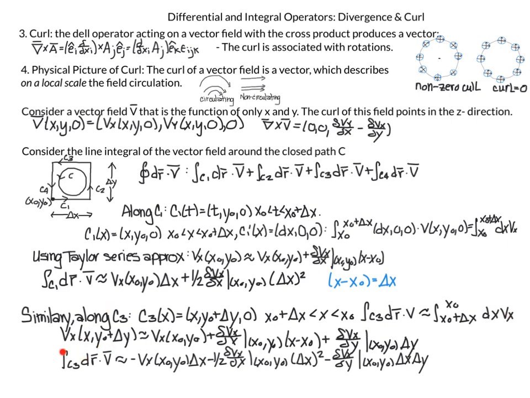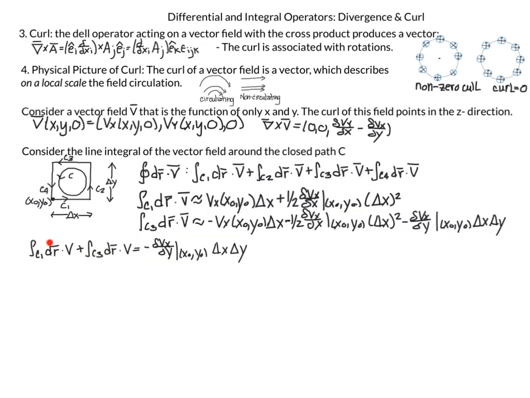The calculations are similar, so we end up with this approximation for C3. When you add C1 to C3, you get negative dv_x/dy evaluated at (x0, y0) times delta x delta y. We can continue for the whole curve, adding C1, C2, C3, C4, and this is what we will get.